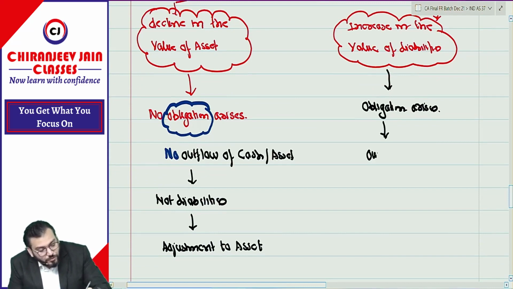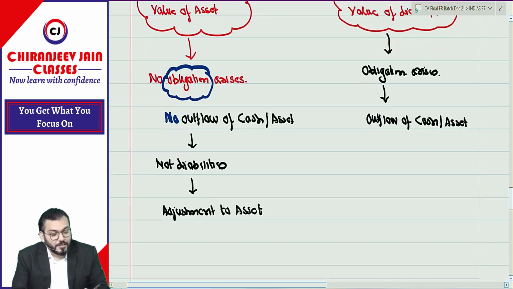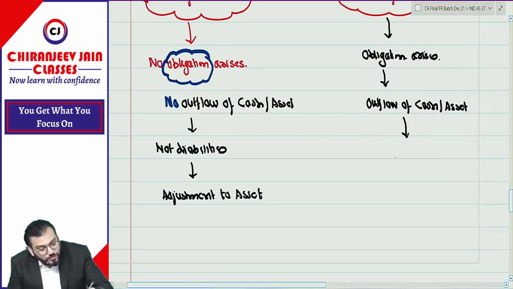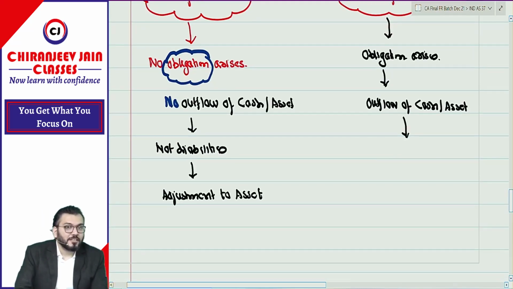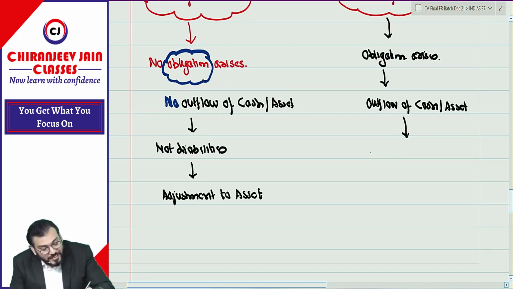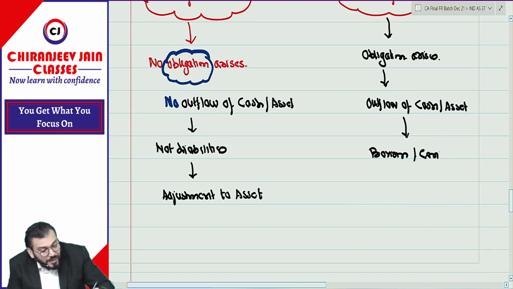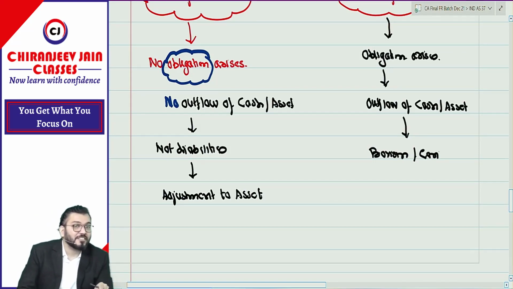It will give rise to outflow of cash or any other asset. Can I say it will give rise to liabilities? Means for this case we'll create provision or contingent liability depending upon the circumstances, as per AS 29.